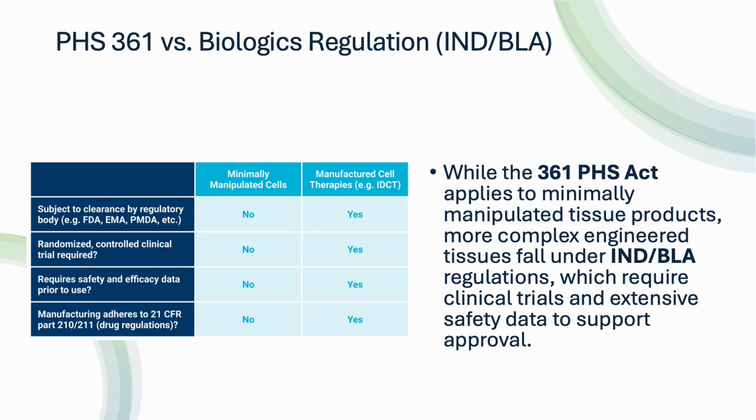But we see that for minimally manipulated cells, manufacturers don't need to adhere to 21 CFR Part 210 or 211. However, for manufactured cells, based on Section 351, manufacturers need to adhere to 21 CFR Part 210.